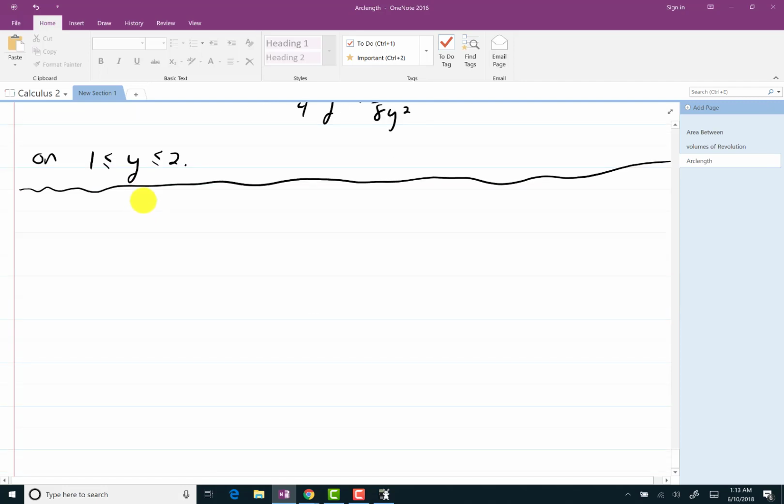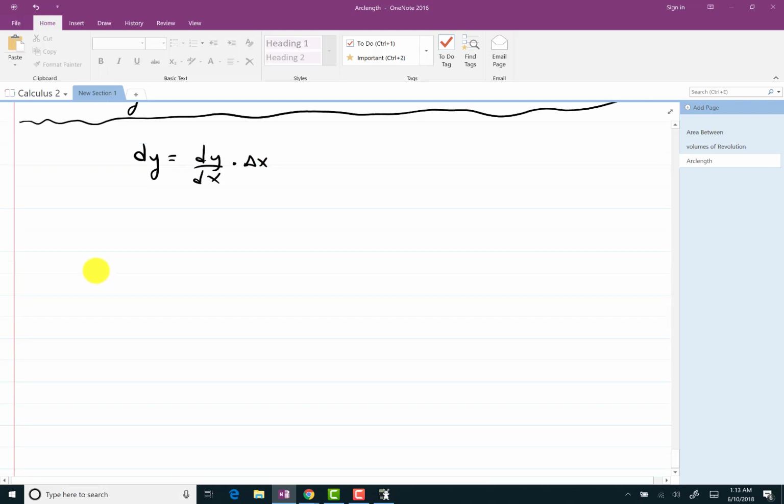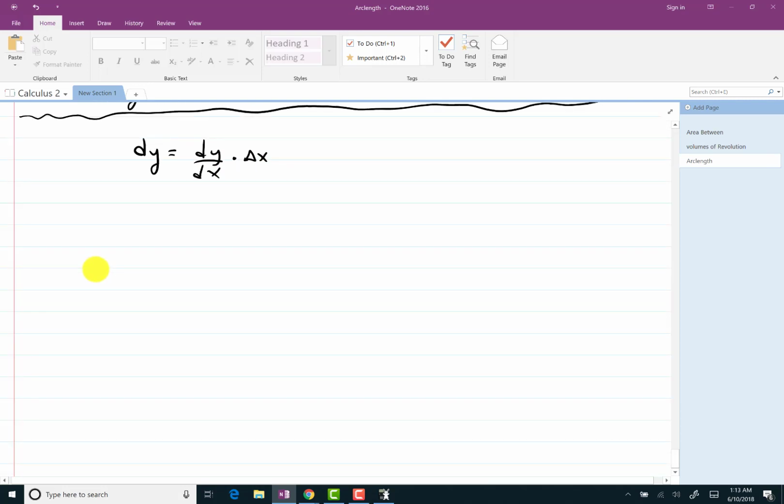You should remember that the differential dy was defined to be dy over dx times delta x. Well, the change in x is the same as dx. So you'd have dy equals dy over dx times dx.